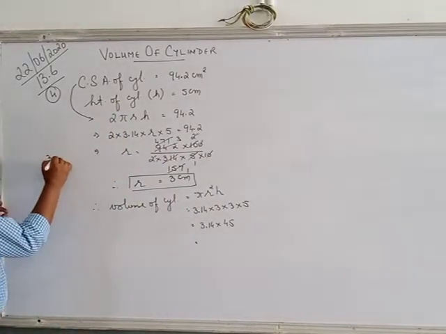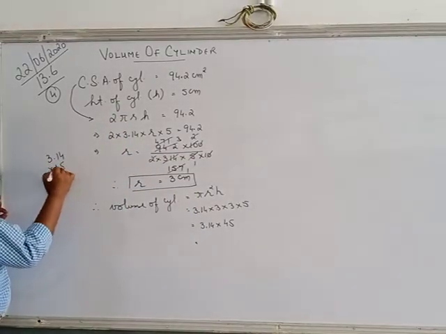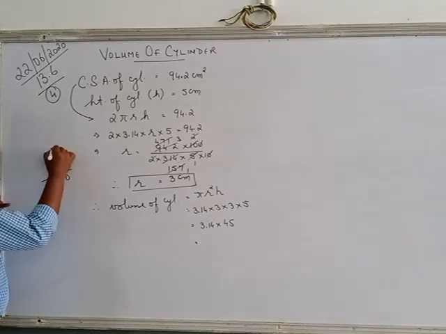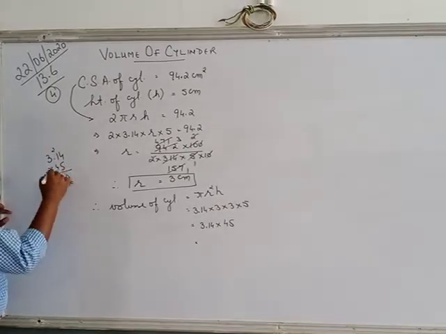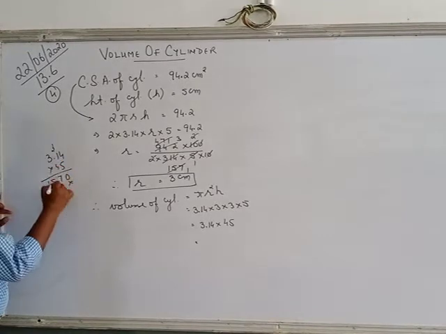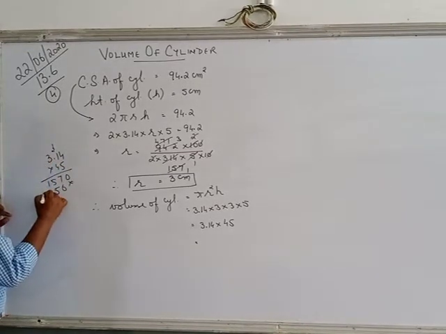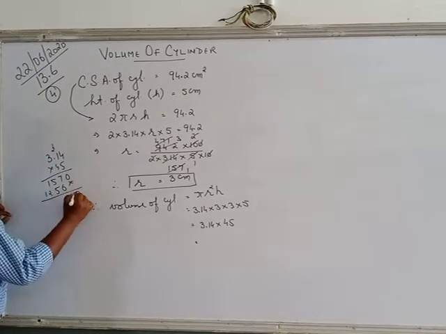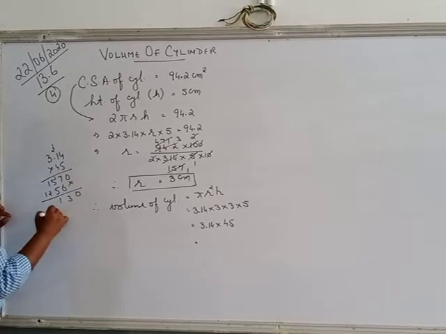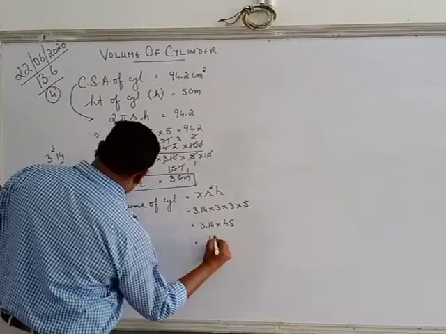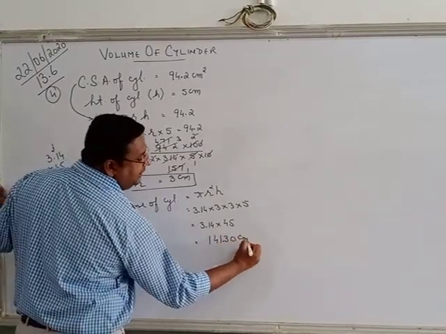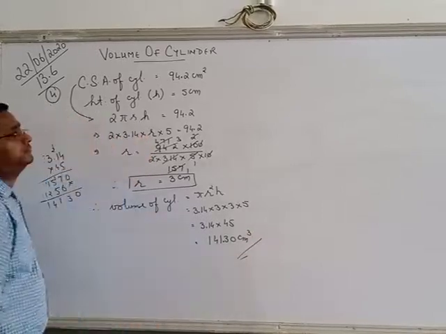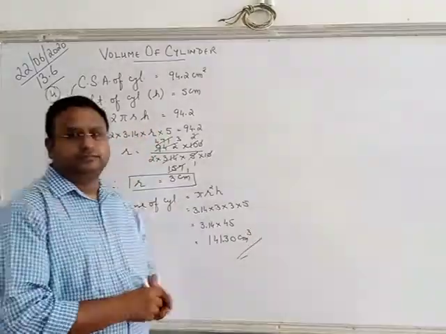Multiply 3.14 by 45. 5 4s are 20, carry 2, 5 1s are 5 and 2 is 7, 5 3s are 15, then 4 4s are 16, carry 1, 4 1s are 4 and 1 is 5, 4 3s are 12. Adding, we get 141.30, decimal after 2, centimeter cube. This is the simple application, nothing else.